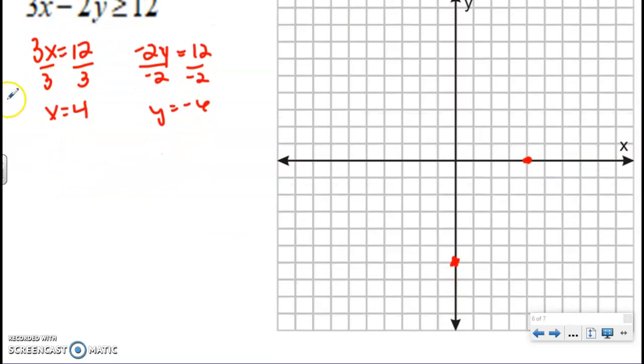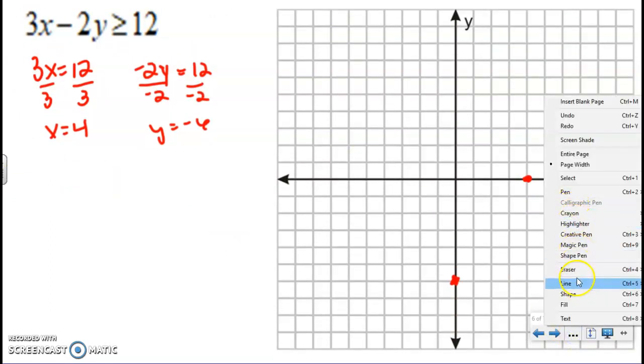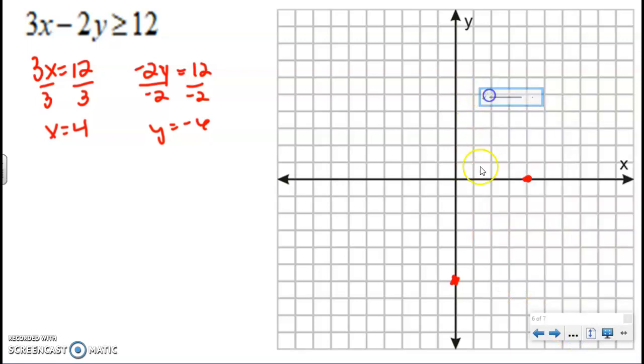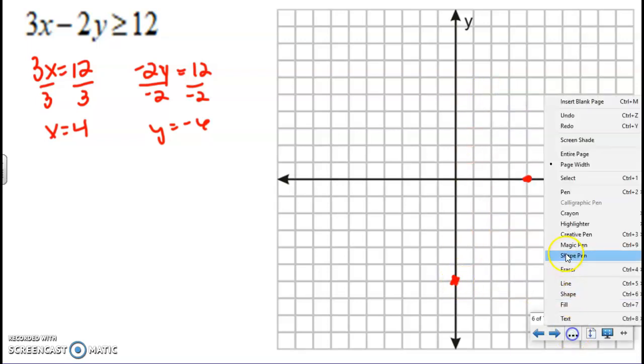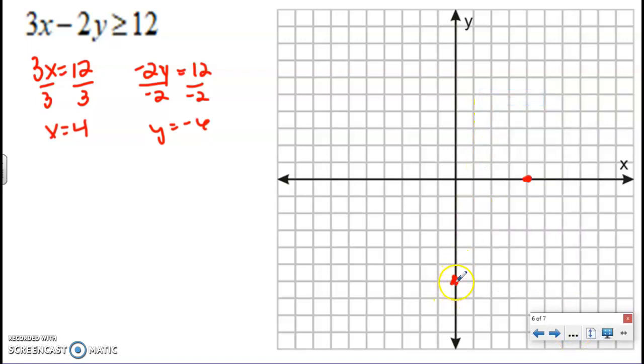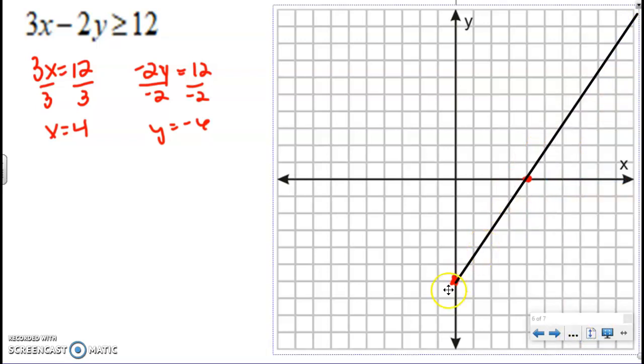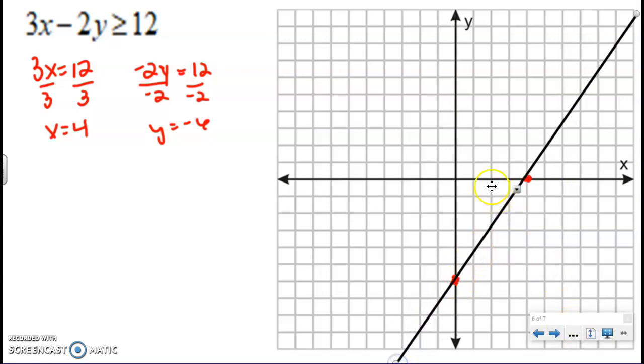And then this needs to be a solid line because there's an equal to sign there. So I'm going to draw a solid line. Need my arrows on the ends.